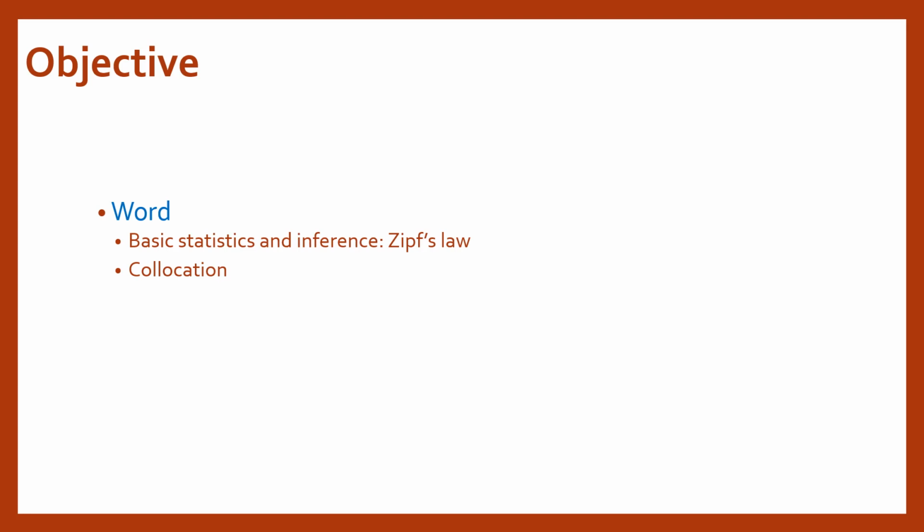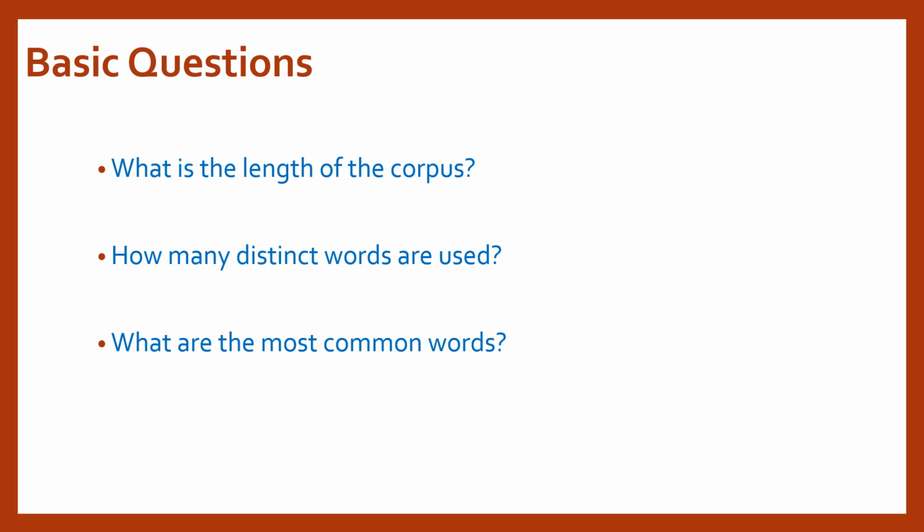Then we will move to collocation. So let's assume that you have created your own corpus. You have done some basic text normalization steps, and now you want to understand the characteristics of this corpus. So now, what are the basic things you can ask?